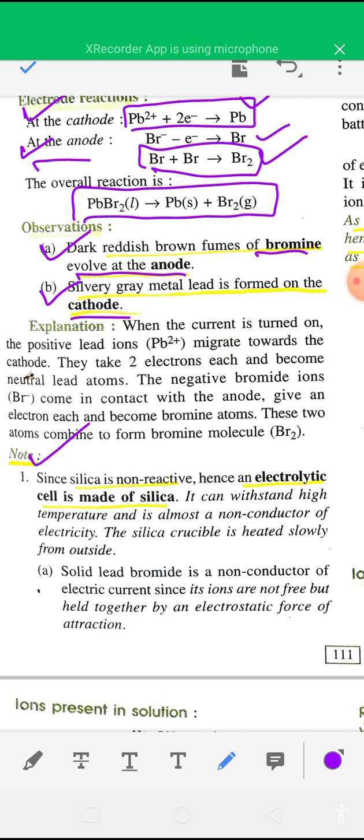Since silica is non-reactive, an electrolytic cell made of silica is used in the electrolysis of lead bromide, and it can withstand high temperature and is almost a non-conductor of electricity, and the silica crucible is heated slowly from outside.